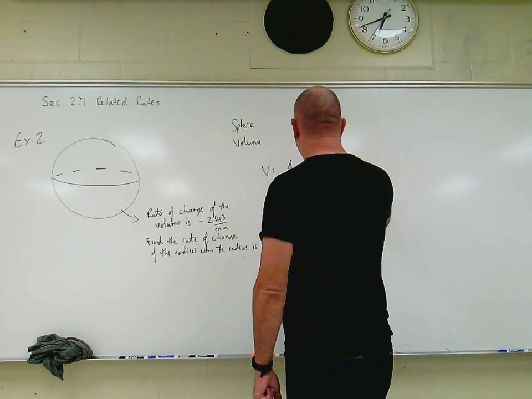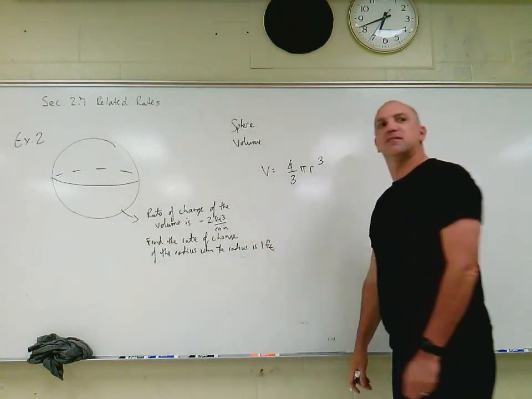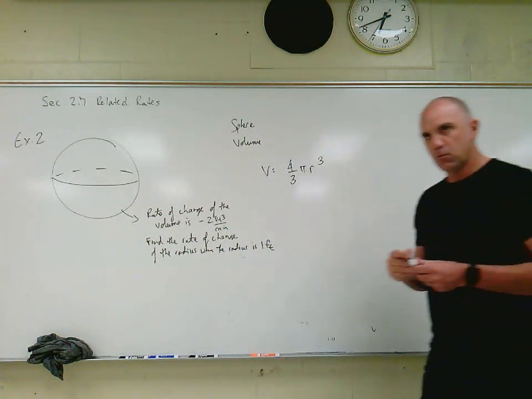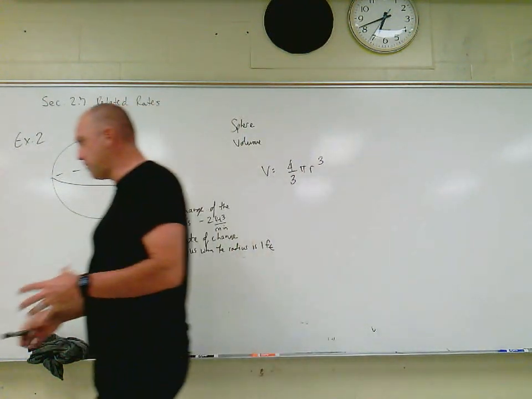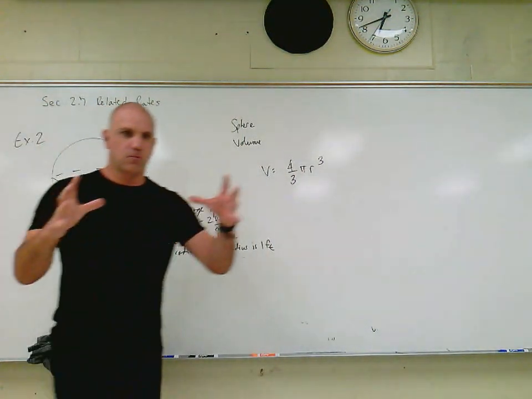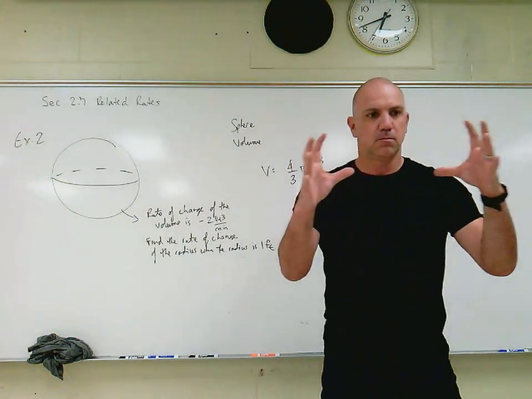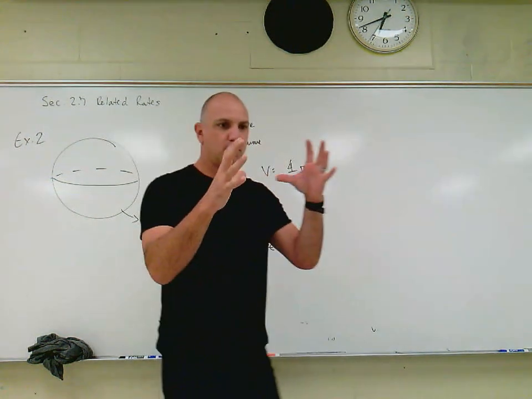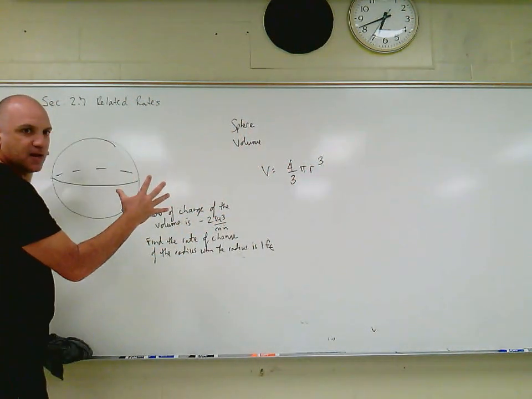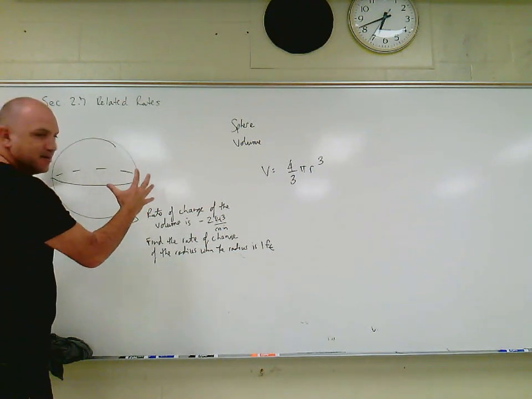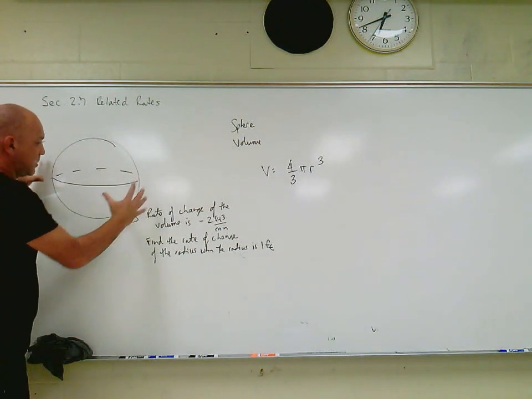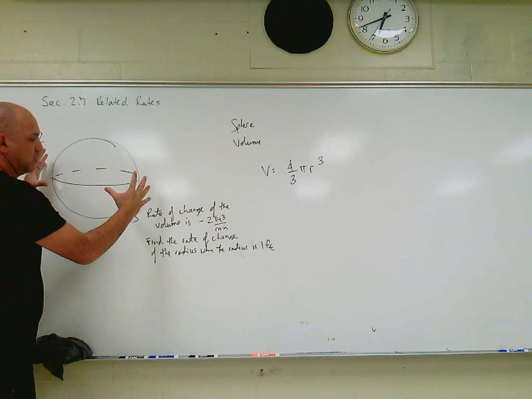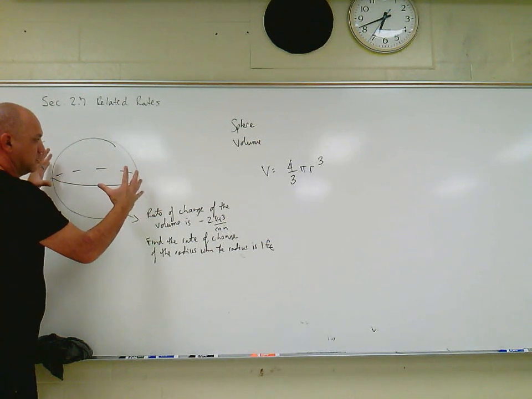Pi r squared? Yes. Now let's see if you agree with this. Here's my balloon. Imagine my balloon right here. Air is leaking out. So what's happening to the balloon? The balloon is shrinking.